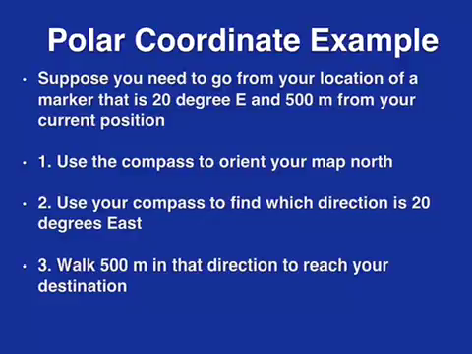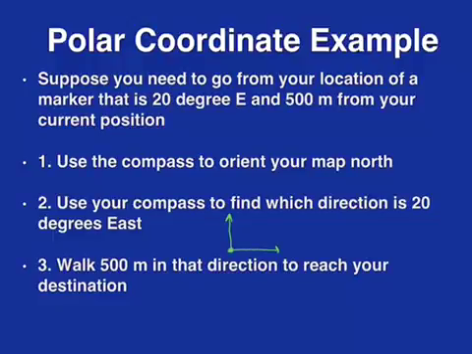So, for example, suppose you need to go from your location to a marker that is 20 degrees east and 500 meters from your current position. So you're going to use a compass to orient your map north, to make sure your map is pointing north. And then you use your compass to find which direction is 20 degrees east. So if we're perfectly north here, east is this way.